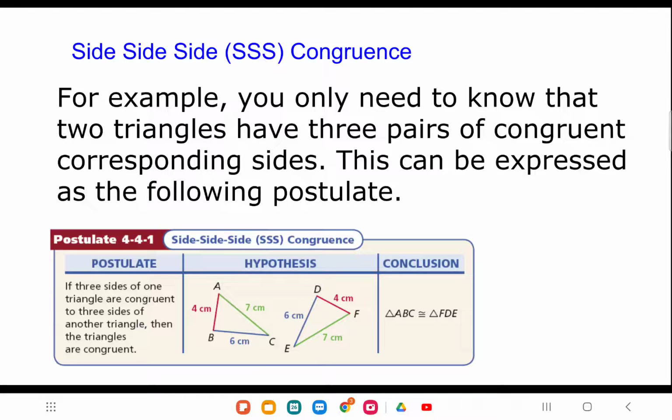Please note that we do have to write the letters in the correct order. Since AB is congruent to FD, and F and A are corresponding angles in this case, they must both be written first.